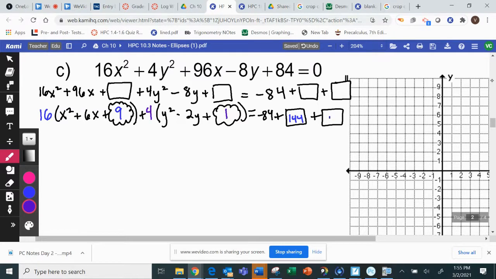It's 4, yeah. So my fluffy cloud and my squares are different numbers. Now I can factor. So I get 16 times x plus 3 squared plus 4 times y minus 1 squared equals 64.